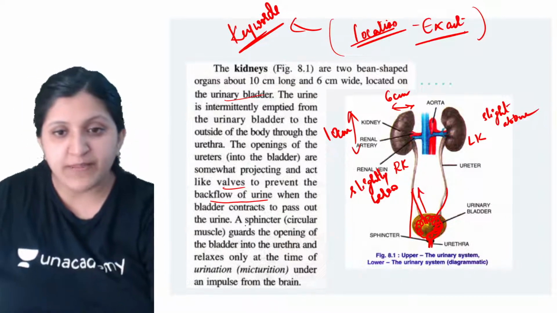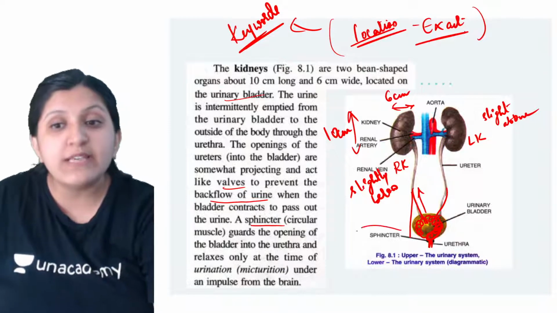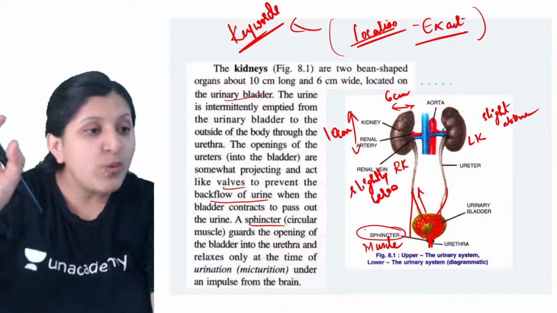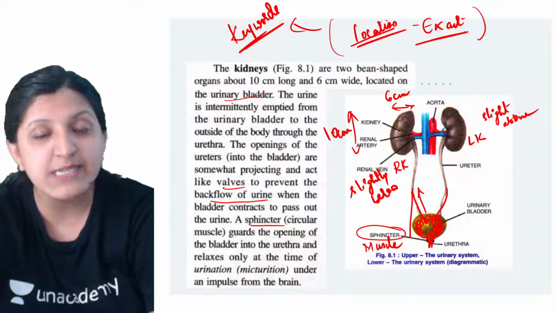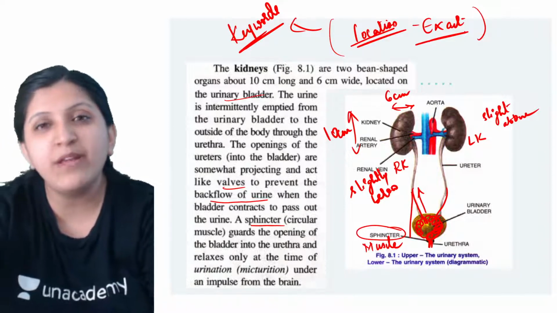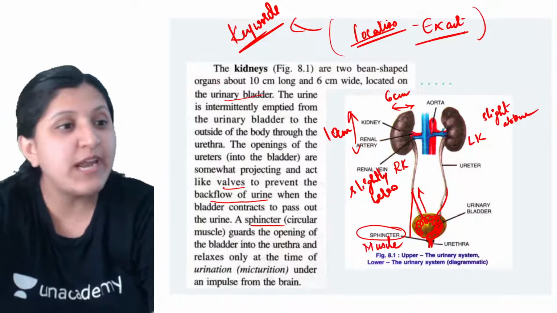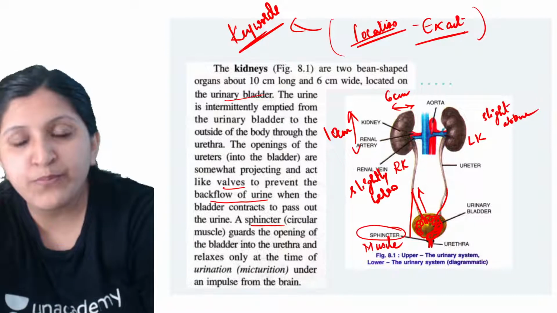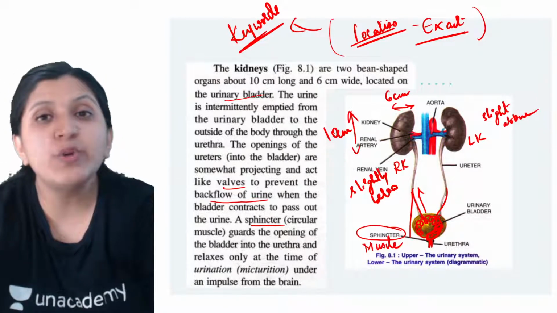Now the sphincter is a muscle, and you know that the brain always sends a signal through motor neurons to the muscles and the glands. If you remember, you have studied the nervous system, where the brain sends an impulse or a message through the motor neuron to the effector.